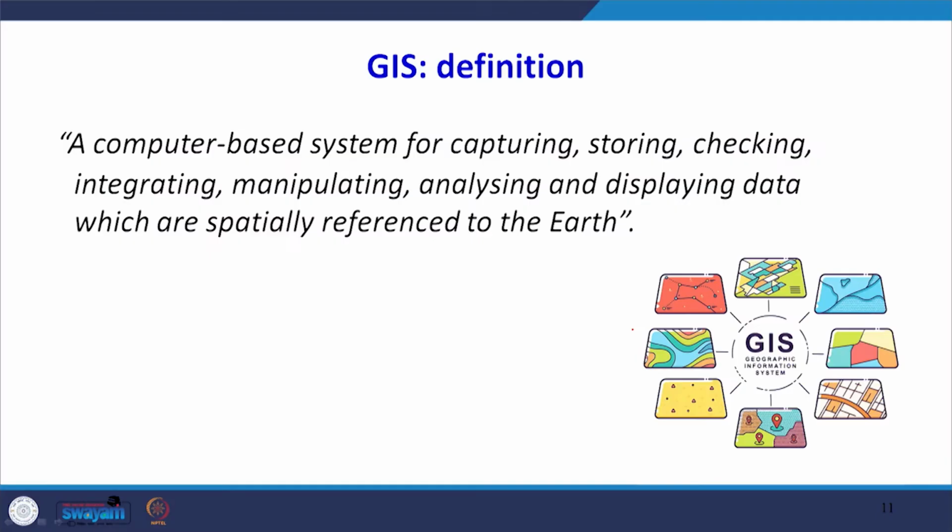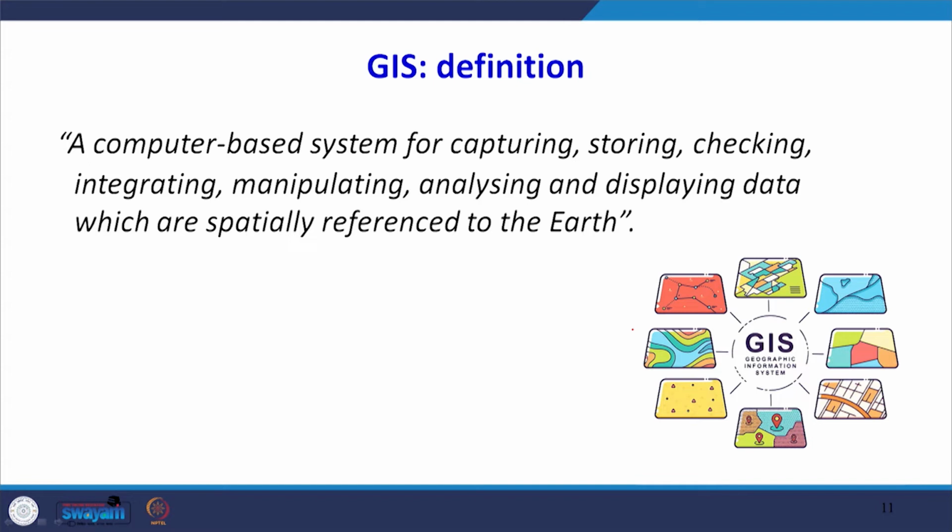Now, if we look at the definition of the GIS, this is a computer based system. Obviously, the base is a computer based system which can carry out a lot of things. The activities are capturing the data, storing that particular data, checking the data, integrating the data, carrying out the manipulation or interpolation from the data, then carrying out the analysis of the data, and finally displaying the output.